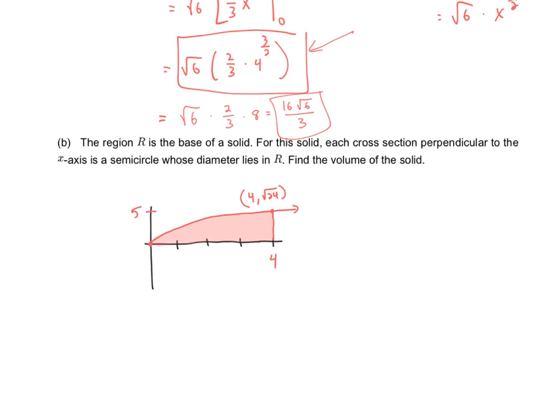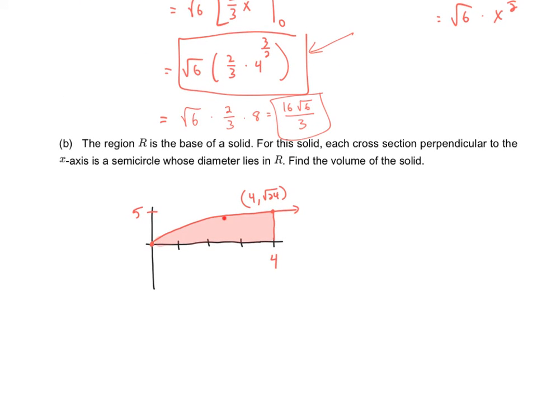So each cross section perpendicular to the x-axis is a semicircle whose diameter lies in R. These will all be semicircles that come out here like this. If they were a full circle, they'd come back down, but we're just looking at the tops of these, so these are all just semicircles. These would be little semicircles, and it just keeps going.